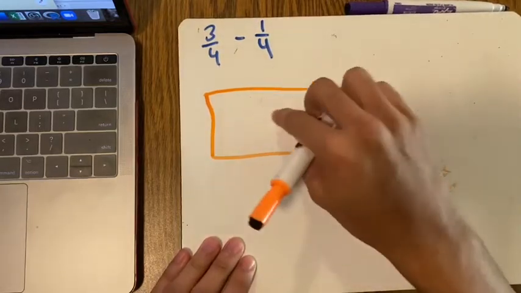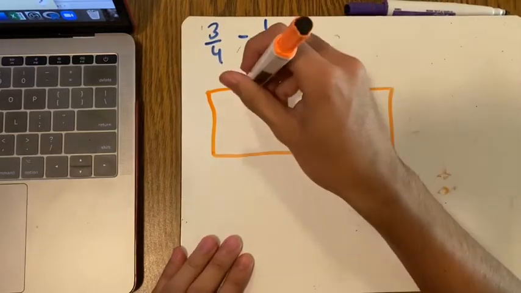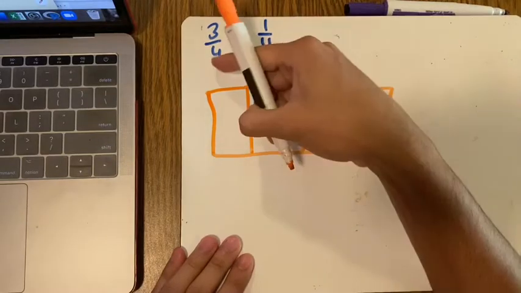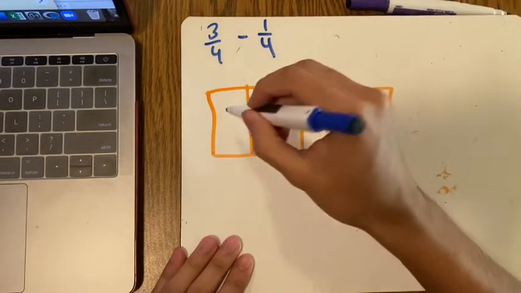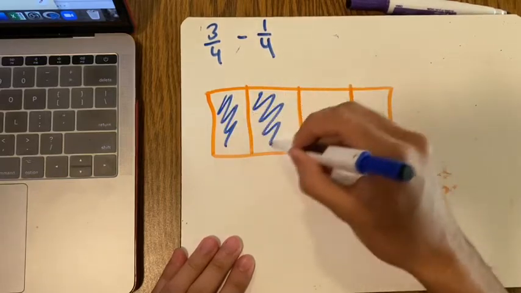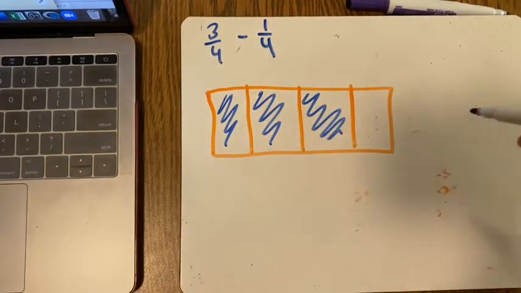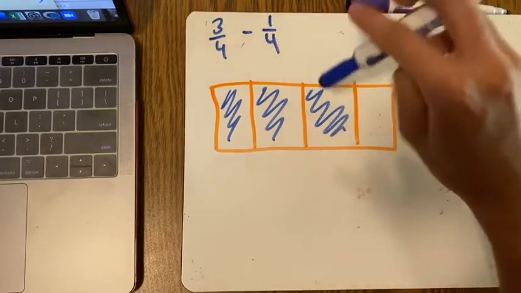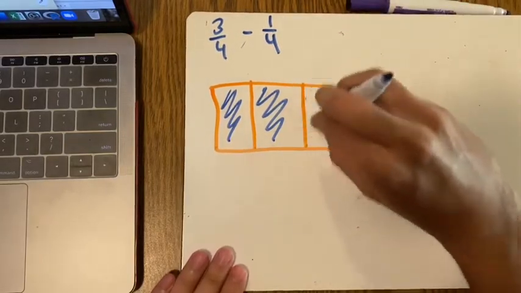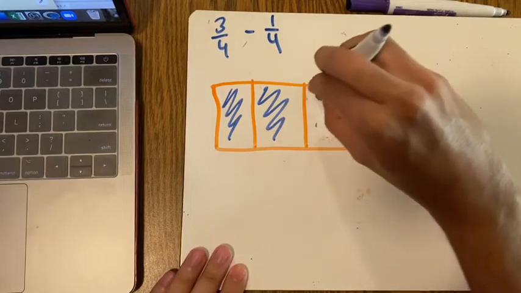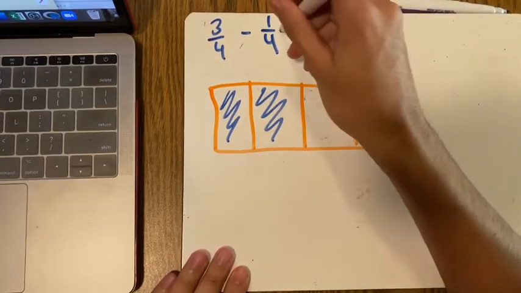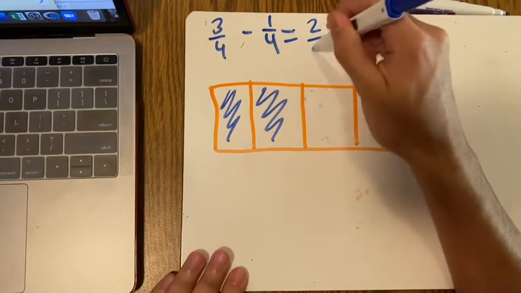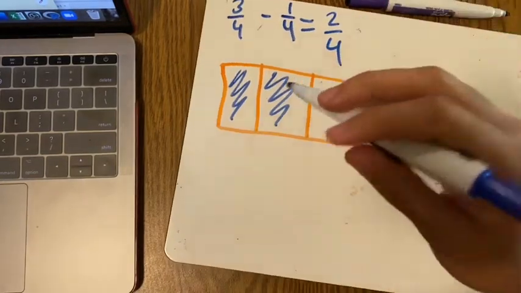These are called tape diagrams, by the way. I start off with 3. 1, 2, 3. And then I'm gonna have to subtract 1/4 of it. So I'm gonna have to take away 1/4. I'm gonna have to erase 1/4. And now how much do I have left? Yeah, 2/4. And that is my answer, okay?